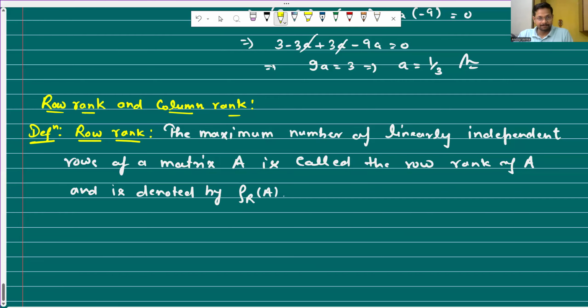Similarly, we write the definition of the column rank.